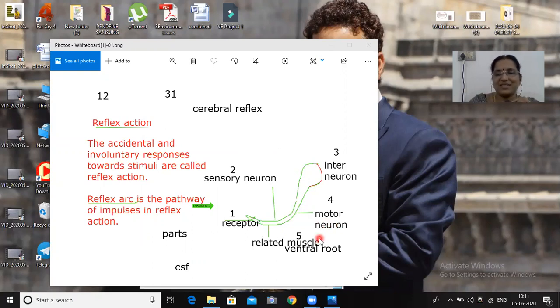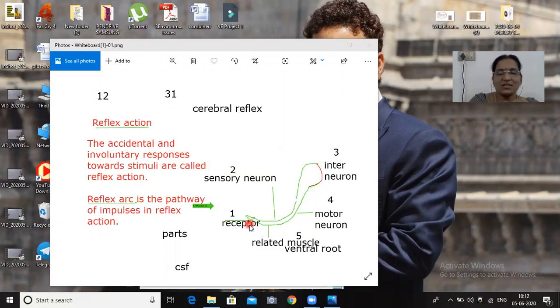Then once the impulses are transmitted from the spinal cord, it is carried by the motor neuron. Motor neuron carries the message, take away the hand. It is given to the related muscle so that reflex action is carried out.